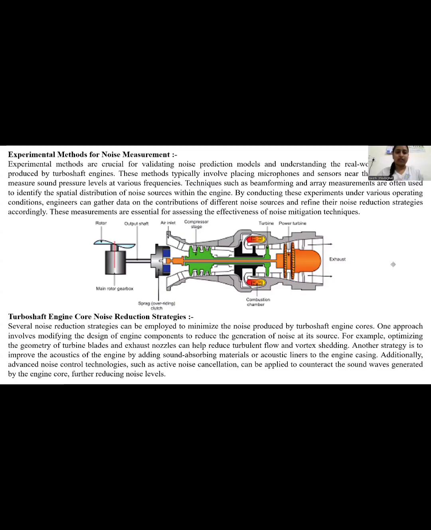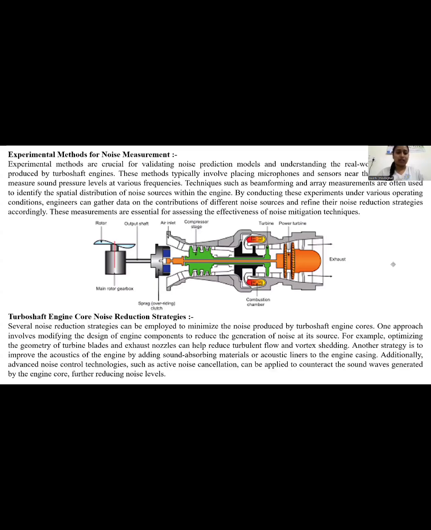Techniques such as beamforming and array measurements are often used to identify the spatial distribution of noise sources within the engine. By conducting these experiments under various operating conditions, engineers can gather data on the contributions of different noise sources and refine their noise reduction strategies accordingly. These measurements are essential for assessing the effectiveness of noise reduction techniques.